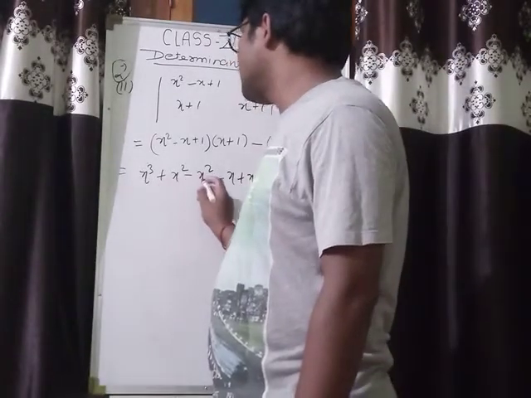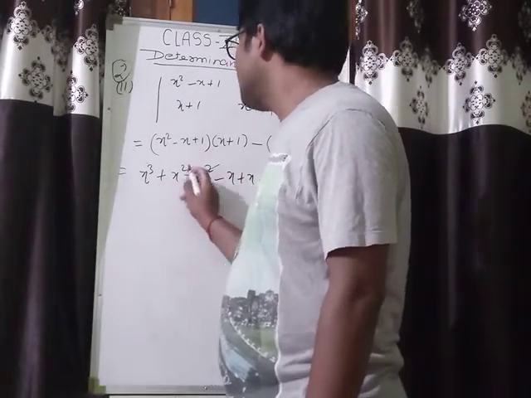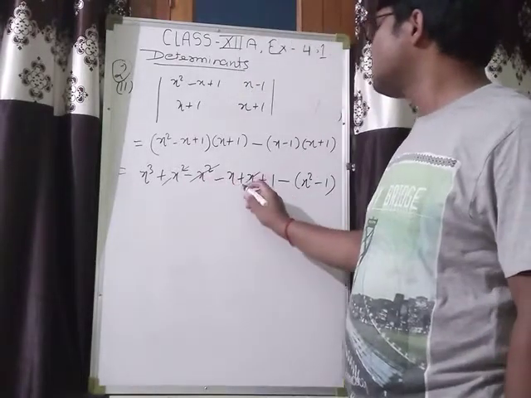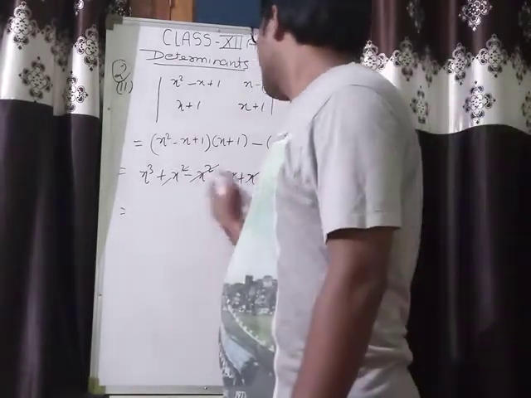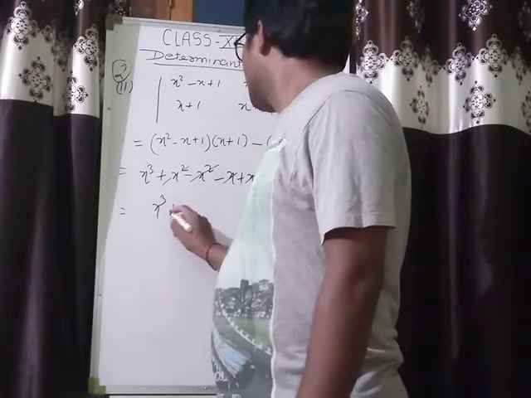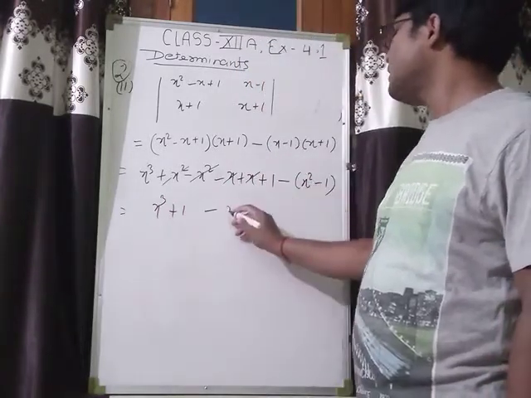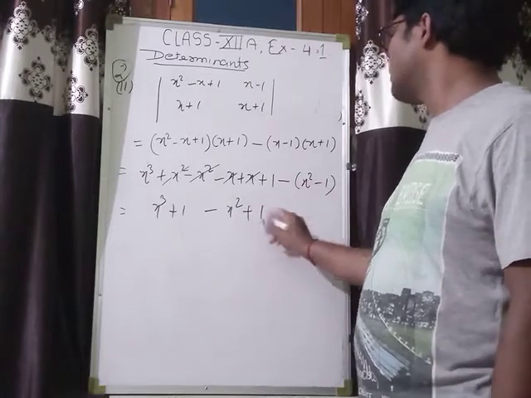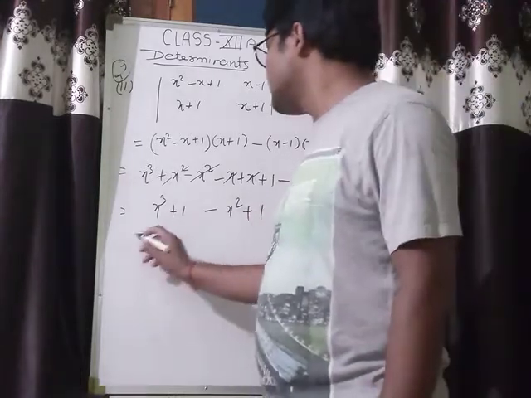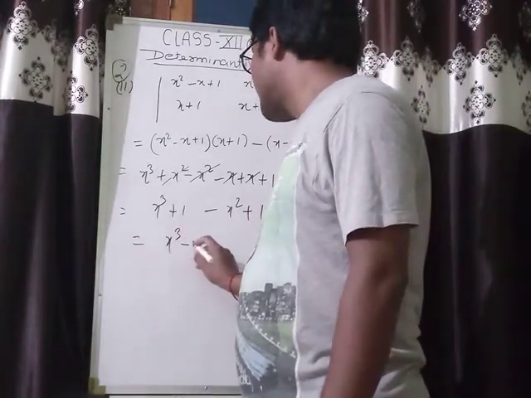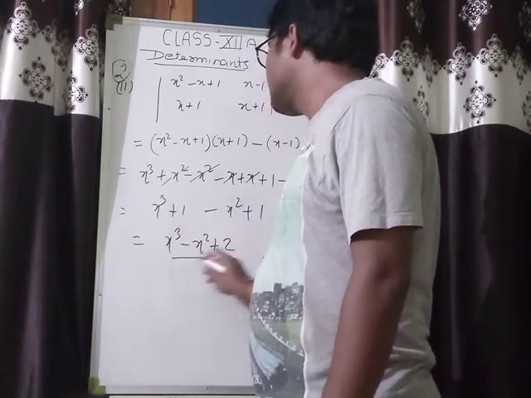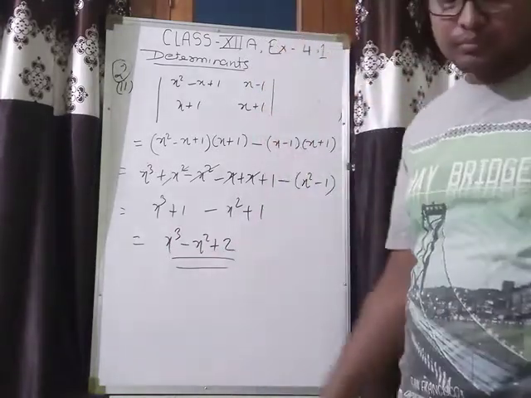Here plus x square and minus x square will cancel, minus x and plus x will cancel. We have x cube plus 1 minus x square, and minus minus 1 is plus 1. So this one will be x cube minus x square plus 2. That is the determinant of this.